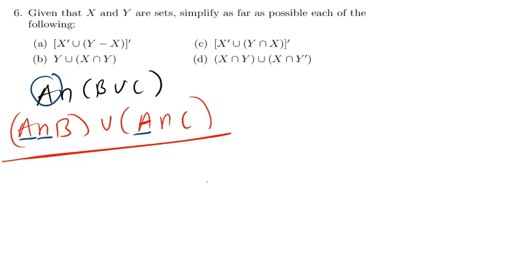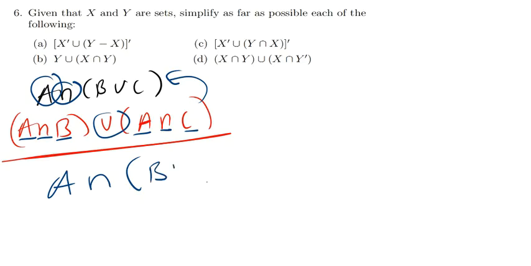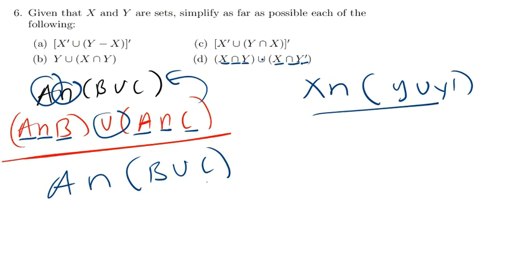If I want to take it back here, I'll say A intersect, open brackets, then B and C, then I put union. So it's B union C. It's the same here. X intersection appears twice. Intersection, there is Y here and this guy, then union will be in between. So Y union Y complement. What's the problem now?